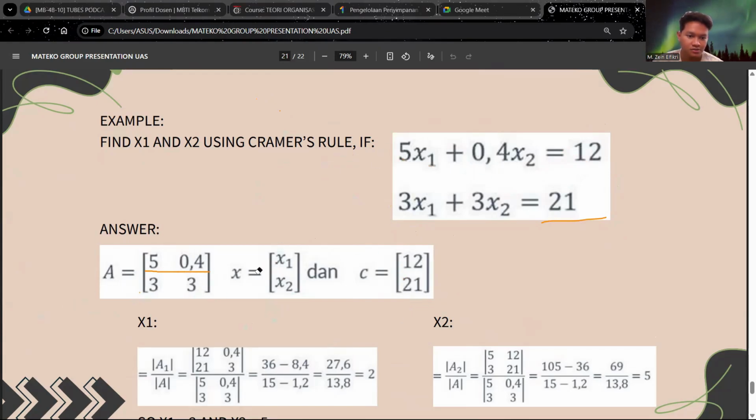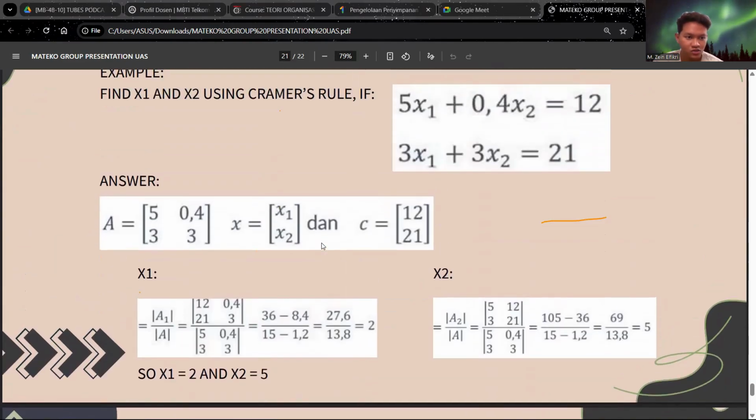Okay, then for x1, we must replace the column here. 12 comes from here, from the x1 column, and 0.4 and 3 come from here. So we close this and we change it with this, like this.